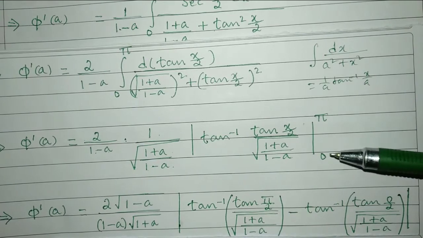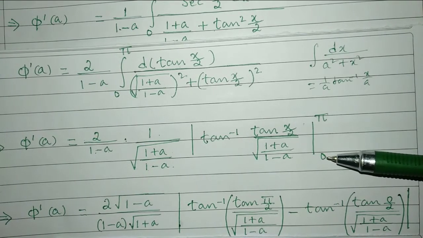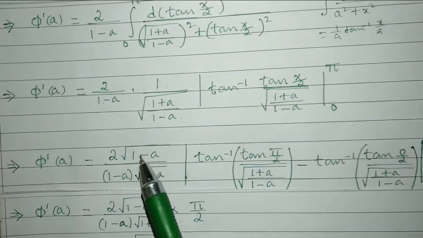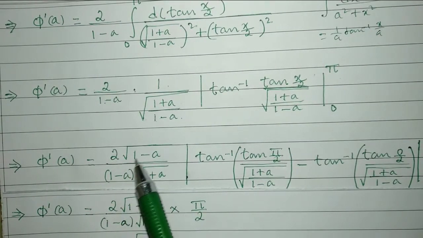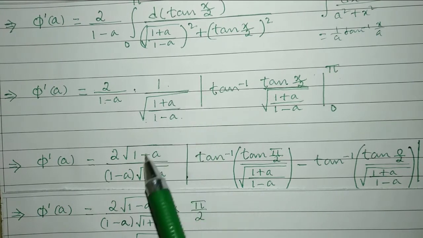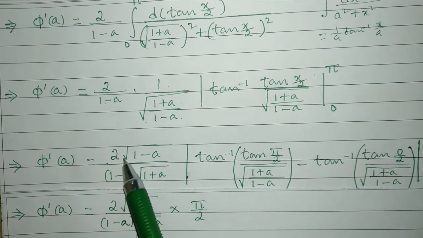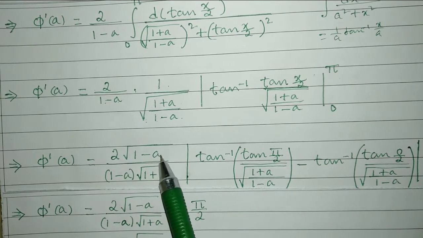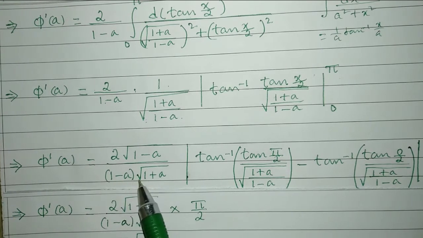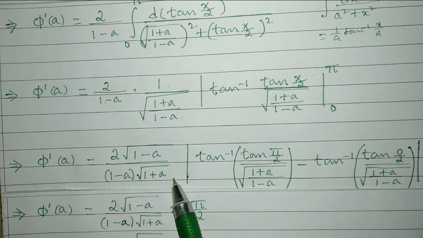The limits of integration are from 0 to pi. And then we have 2. Now this root over 1 minus a comes to the numerator. Hence we have 2 root over (1 minus a), and in the denominator we have (1 minus a) into root over (1 + a).